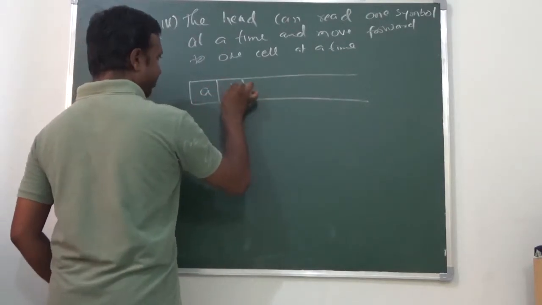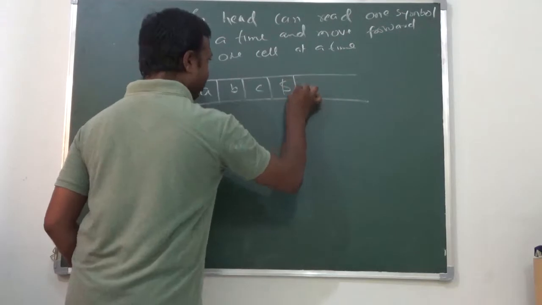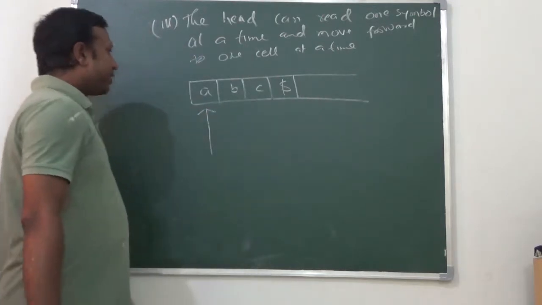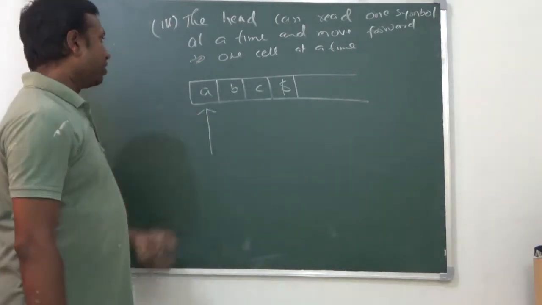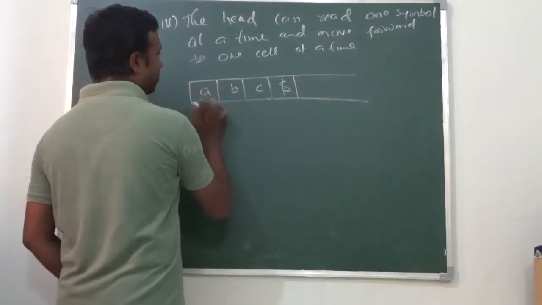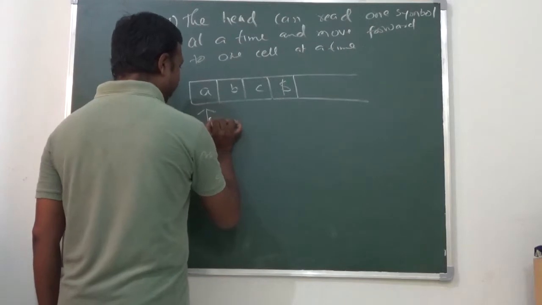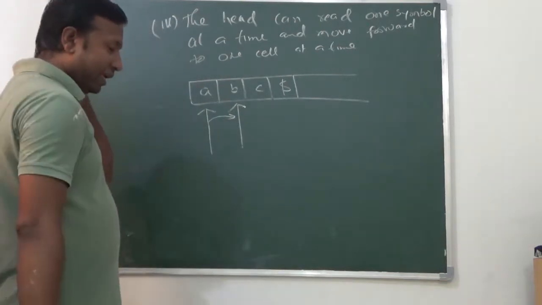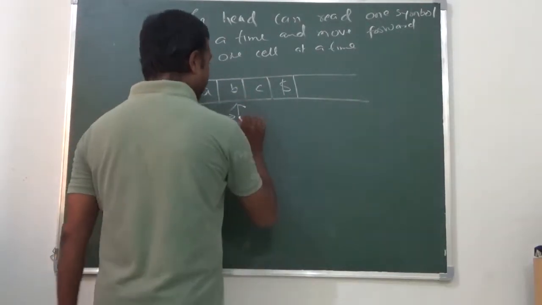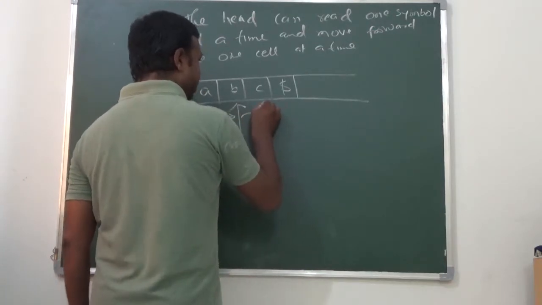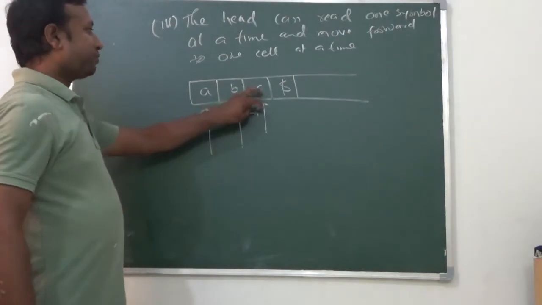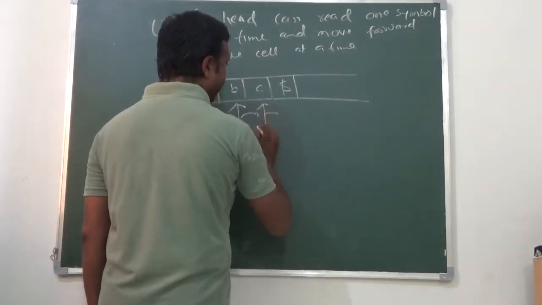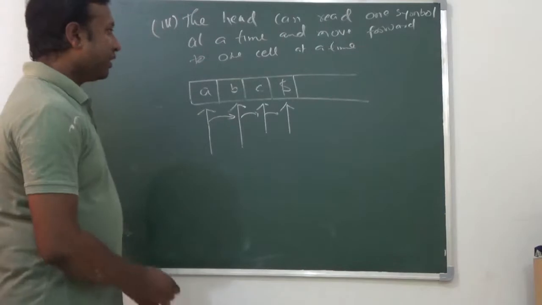Here we have A, here we have B, here we have C, suppose here we have the dollar, and initially the head is obviously pointing to the leftmost cell, but after reading this symbol A, the head will always move one cell forward and pointing to the cell containing the B. After reading this B, the head again move to the cell containing the C, and after reading this C, the head again move to the cell which is containing the dollar.